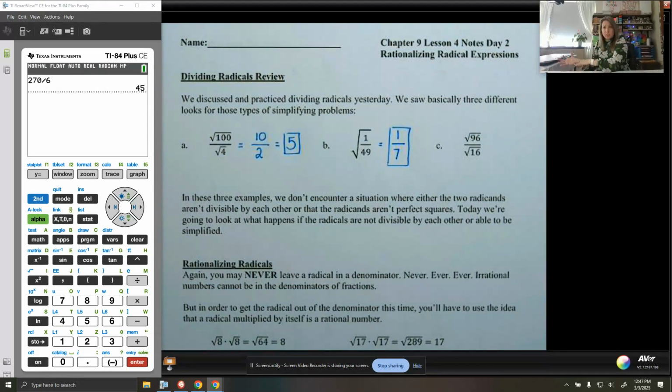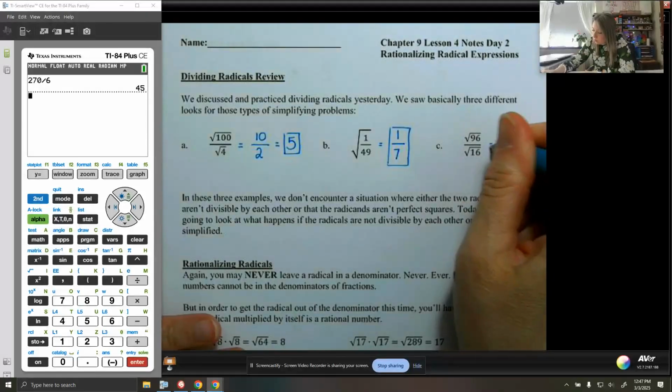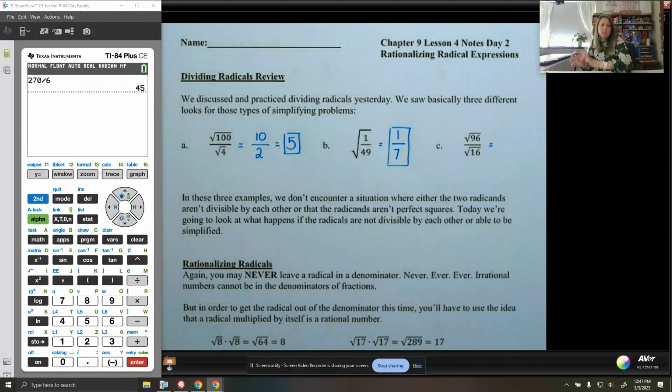Now, over here, slightly different thing occurring. 96 is not a perfect square. 16 is. Let's save taking the square root for today. Let's see if 96 and 16 can evenly divide. Let's do that instead so that I can get into the other piece that I was going to go for today. Oh, good. 6.